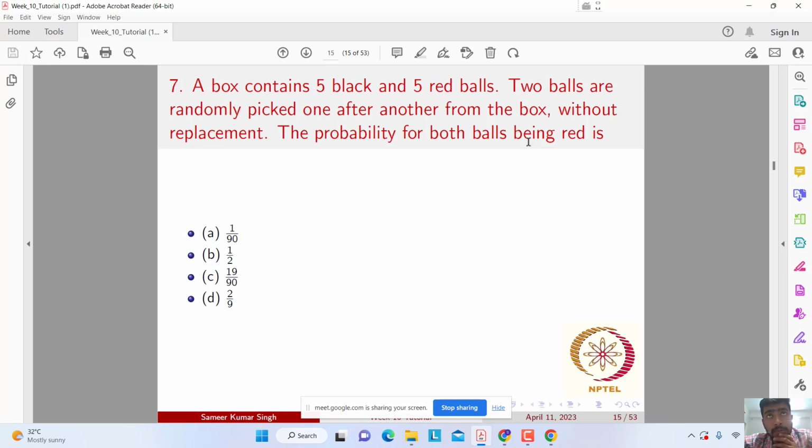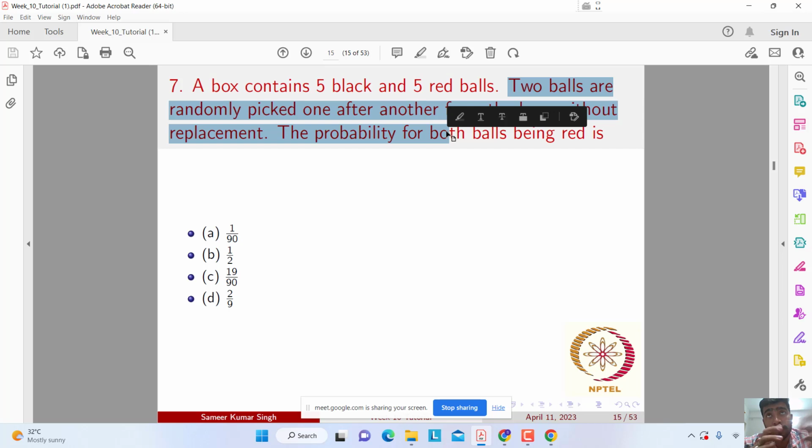Yeah, the total number of balls is 10, but read the question carefully. The question is, two balls are randomly picked one after another from the box. We are picking two balls, one after another.